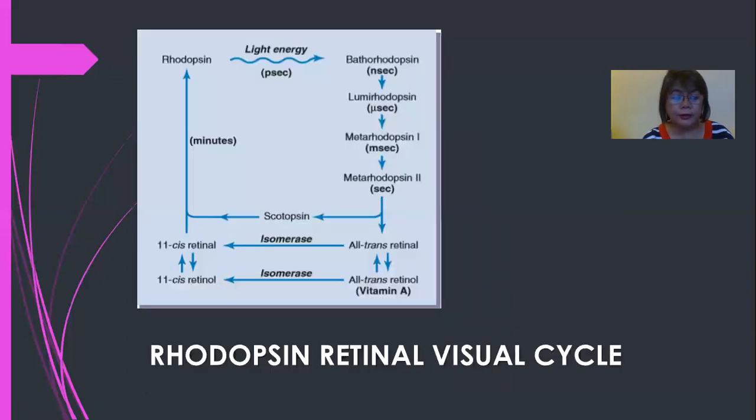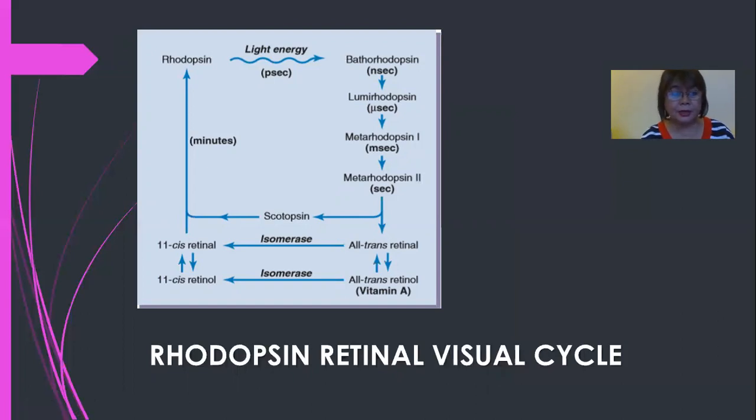Whenever light strikes the rods and cones, the light energy makes chemical changes into retinal. And then after a while, this is again reformed into the photochemicals in the rods and cones.